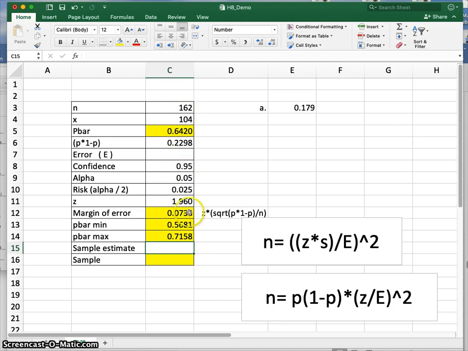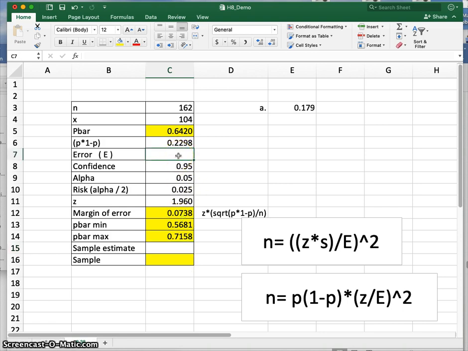If we want to have a narrower margin of error, chances are we're going to need a bigger sample. So we're going to now calculate the desired sample size that we would need in order to calculate an interval that would give us a margin of error of 0.05.